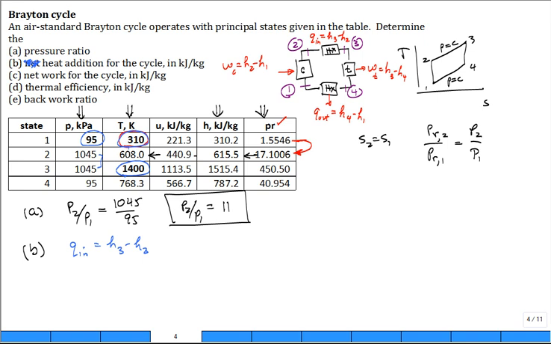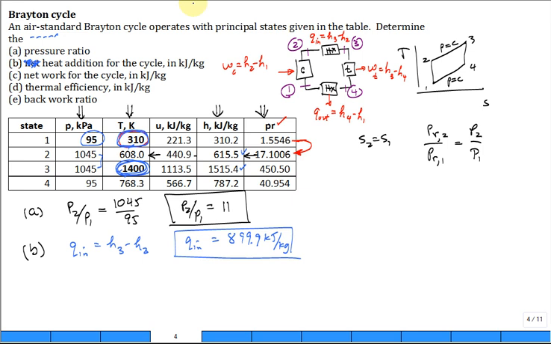The maximum temperature of the cycle is at state 3, so it usually is specified. So basically, without repeating it up in the word statement, it's just shown here in the table. So we have H3 minus H2, and when you calculate that, you find that the Q_in is 899.9 kilojoules per kilogram.